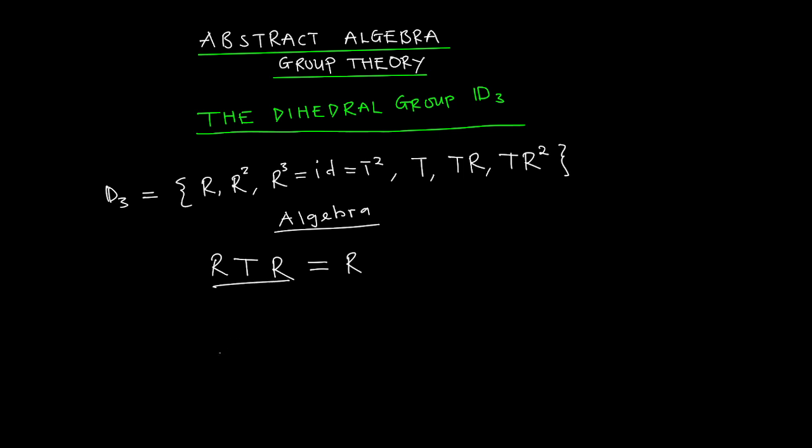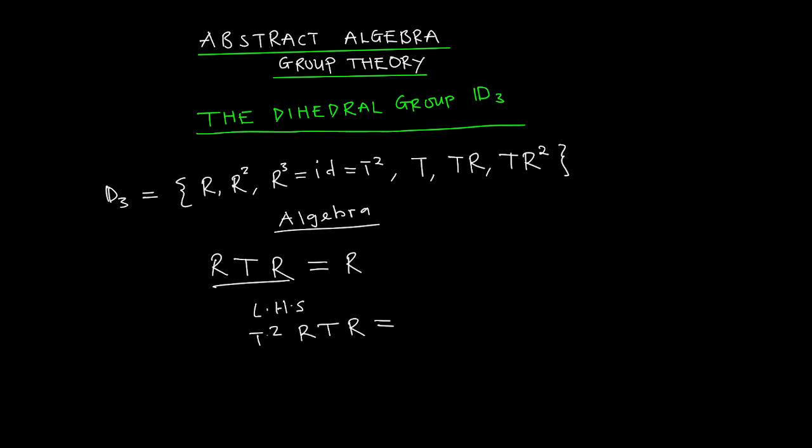So let's start with the left-hand side again. I'm going to take t squared and act it on that triangle. T squared composed with r, t, r. This is equal to, remember, t squared is the identity element.